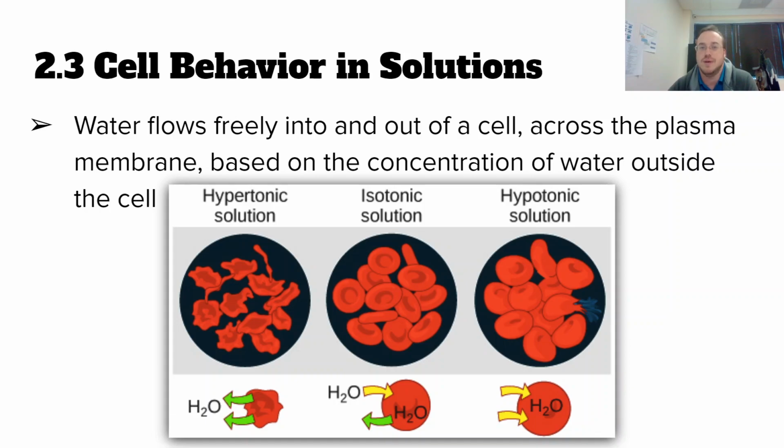Right? Kind of like if you're blowing up a balloon and you keep pushing air into it, and eventually it pops. All right, so now we've got hypertonic solution, isotonic solution, and hypotonic solution. Make sure you know how water in a cell behaves in each of those types of solutions. All right?